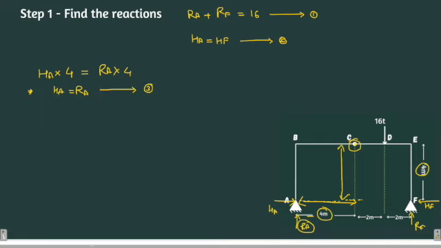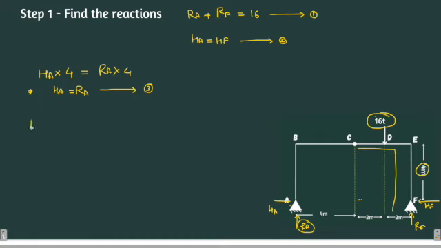Now we'll try to form another equation from the right hand side of the frame. We'll try to take the moment from the right side. Let's do that. So we'll consider this portion here and see that 16 ton is trying to rotate the frame in the clockwise direction, right?